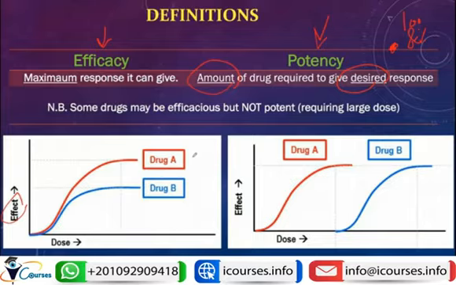So let's say antibiotic A was given at about 1 gram, and drug B is also given at a dose of 1 gram. So in this instance, we can say that the efficiency is more for drug A than drug B.